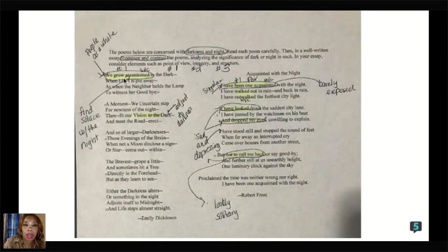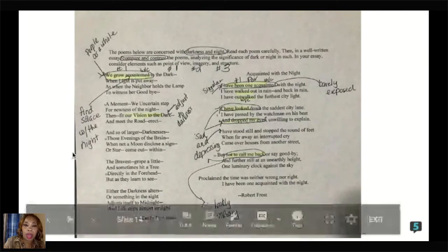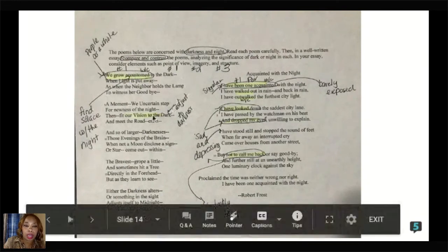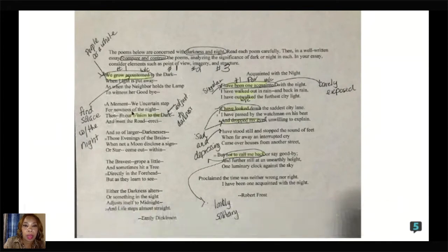All right, so growing accustomed also, if you look, I'm using my arrows, I'm pointing to find solace with the night. That means I'm pretty comfortable with it being nighttime, so adjusting to darkness. In the second stanza I annotated, "a moment we uncertain step for newness in the night, then fit our vision to the dark."